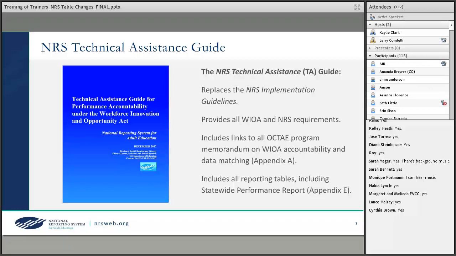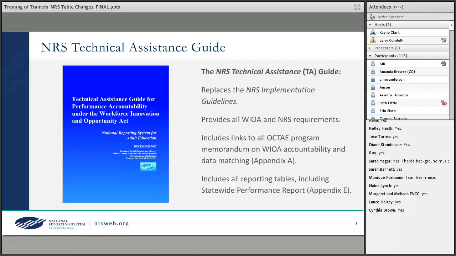If you've looked at it, you'll see Appendix A has 5 different links to different memoranda. We didn't include those in the actual document because they're quite lengthy, but there are links to them. Memorandum 17.2 covers all of the accountability requirements for WIOA Titles 1, 2, 3, and 4. Memorandum 17.5 covers how you use funds reserved for activities under Section 243 of AEFLA.